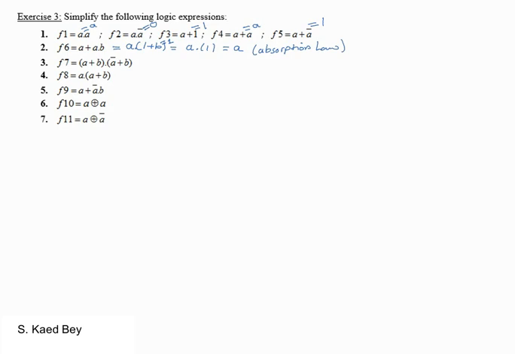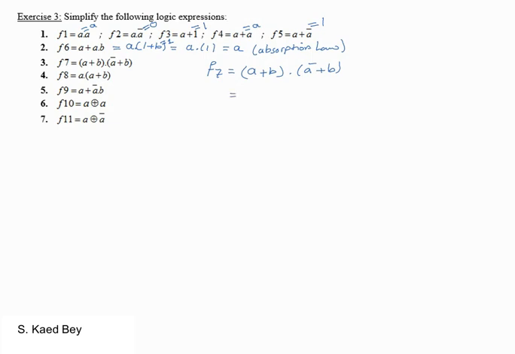Let's look at F7. F7 is A ORed with B, all of this ANDed with not A ORed with B. There's more than one way to deal with this. So if we write this here, F7, one way to go about this is to write the sum of the products.